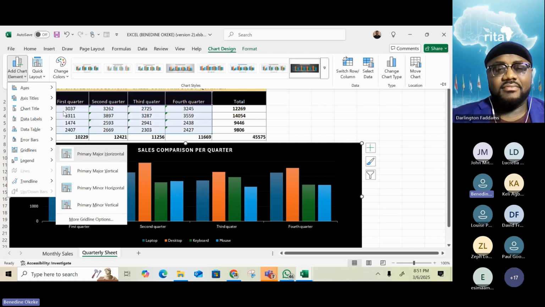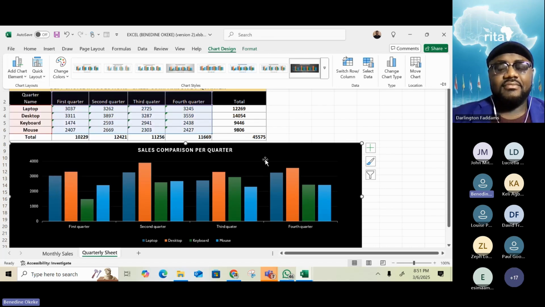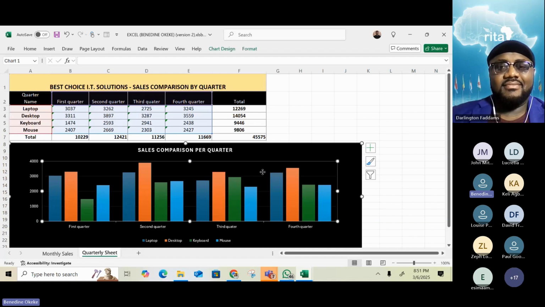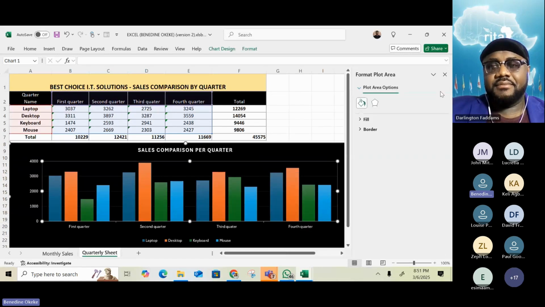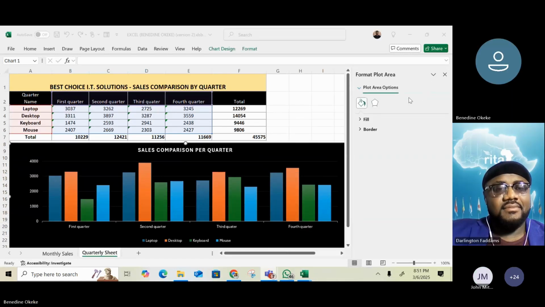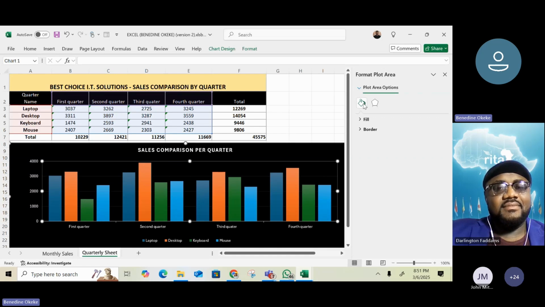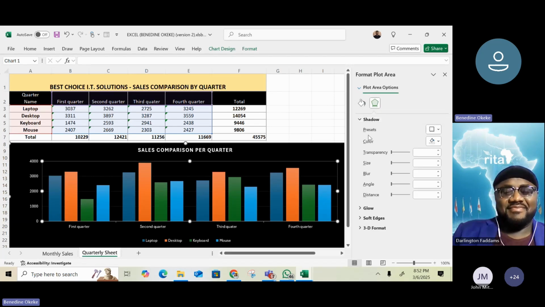And when you click on the chart itself, you right click. When you right click, you can always format your plot from here. So when you click on format plot area, you see options here. When you click on the options, you can adjust whatever you want from the options that are available. So here I selected as many as I could. I just adjusted it to my tastes, the shadow, the glow, and other things.